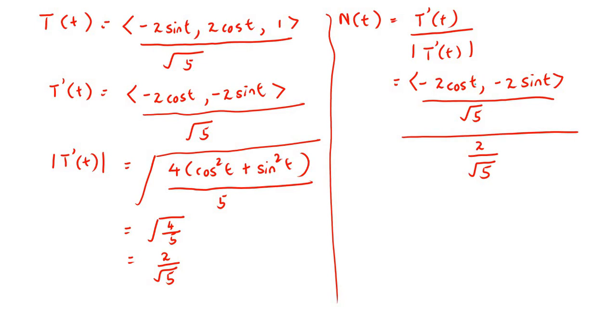So you notice the numerator and the denominator, and then 2 cancels. So we get the principal unit normal vector, which is negative cos t i minus sin t j. So given this vector-valued function, this defines a unit tangent vector, and this is the unit normal vector.